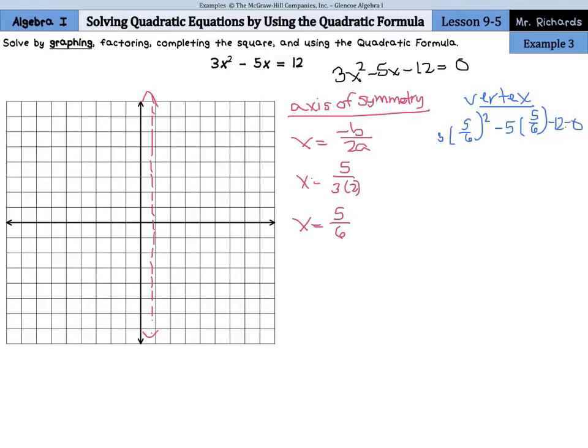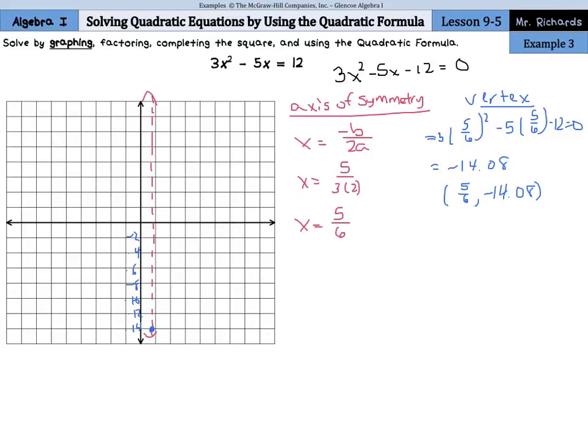When I simplify this, I get my vertex, or at least this y, to equal negative 14.08. So my vertex is going to be at 5/6 and negative 14.08. So if I count down by 2's, negative 2, 4, 6, 8, 10, 12, 14, my vertex will be right around here.